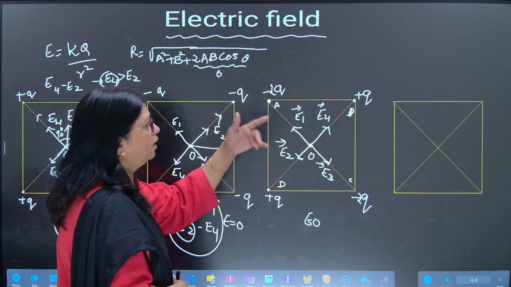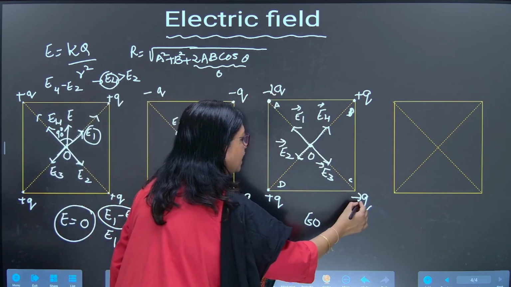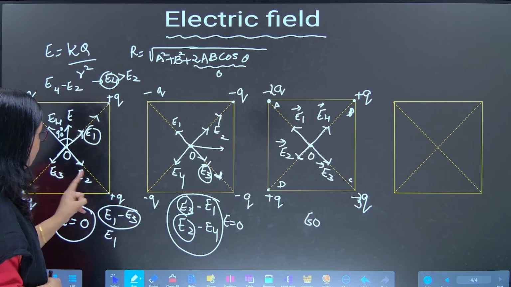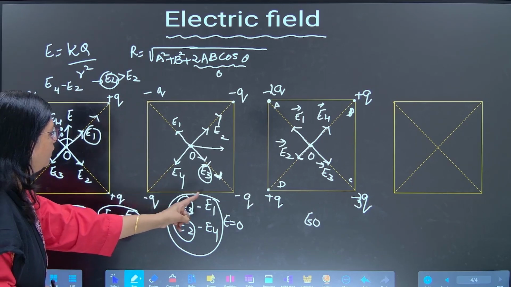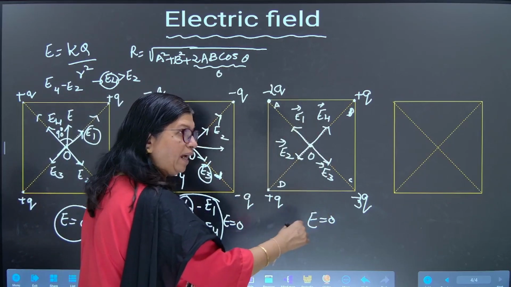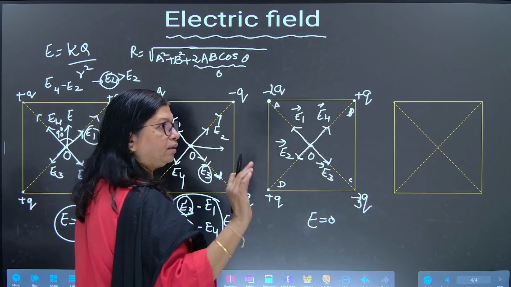Then I have to follow another story, as I already mentioned. If the magnitudes are different, then only I have to do E1, E2, E3, E4. If the magnitudes are same, then E is equal to definitely 0.